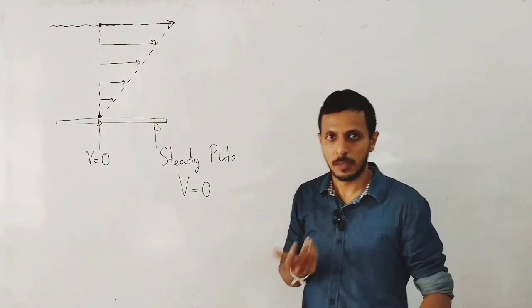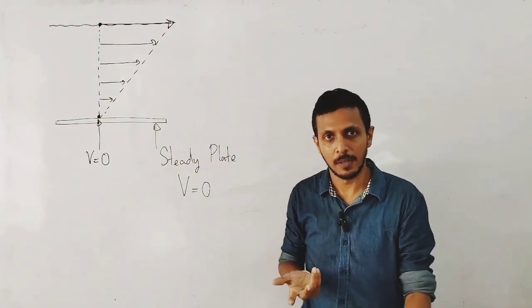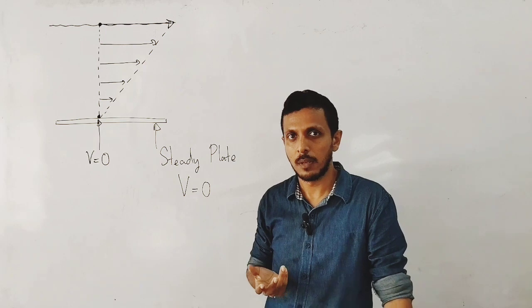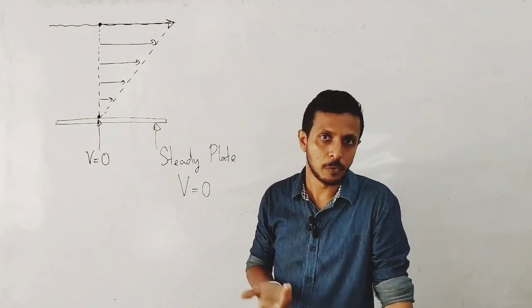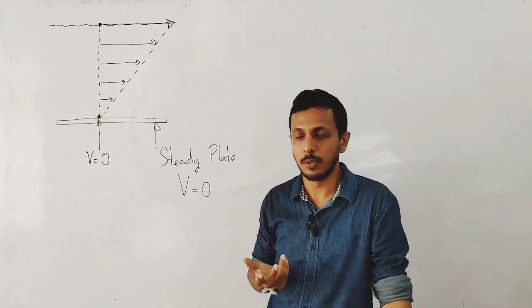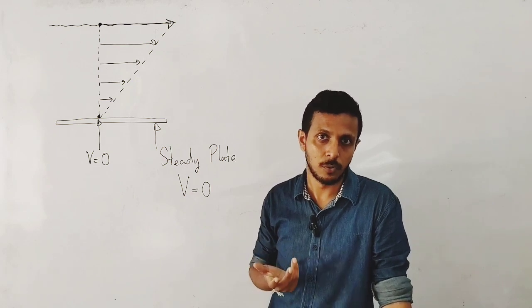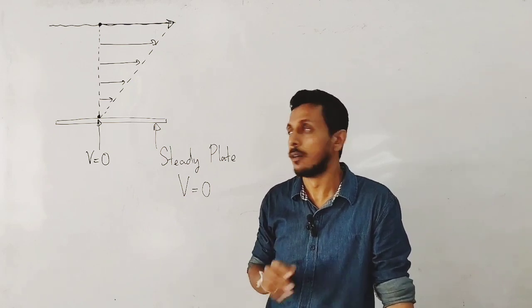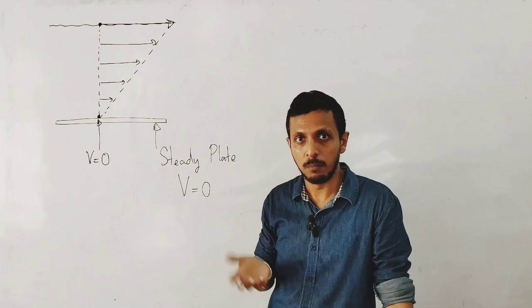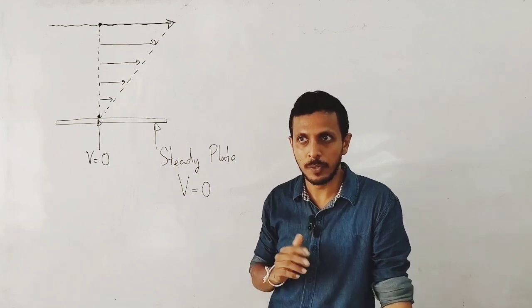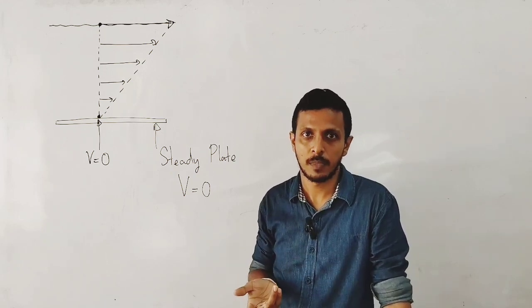Think about this practically. When a fluid flow has several velocities, there's always going to be a relative motion. So there's a force acting on the fastest layers by the slower layers. This is going to be our viscous force.